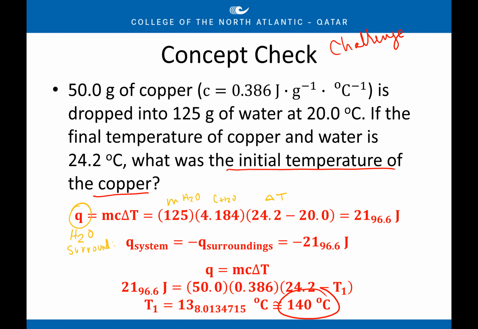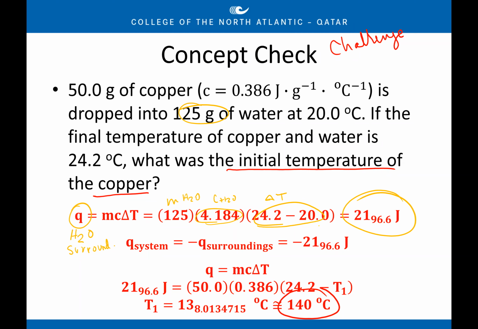So M is 125 grams of water. C is a constant. I typically have students ask me where the 4.184 comes from. That is a constant. It's the specific heat capacity of water. So, just like gravity or pi, this is a constant from your data booklet. And of course, I have delta T.